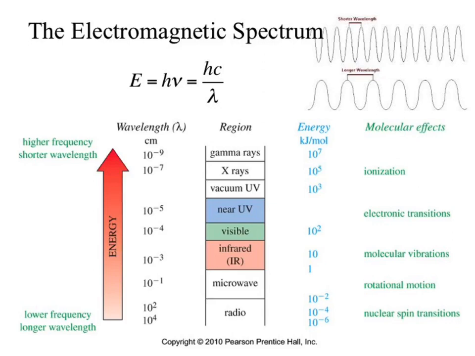That response can give us information about what's there. When we're looking at UV, we're talking about electronic transitions, exciting an electron from the ground state to an excited state. That gets us information about the energy of our electrons.